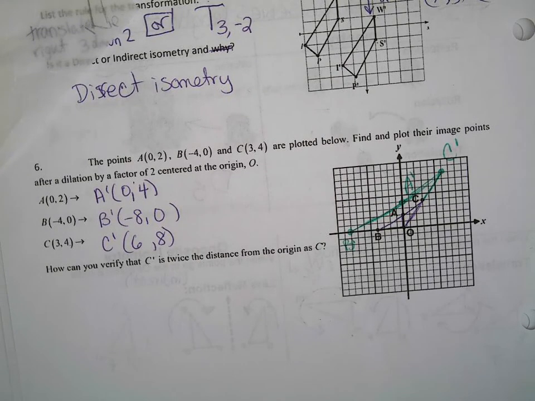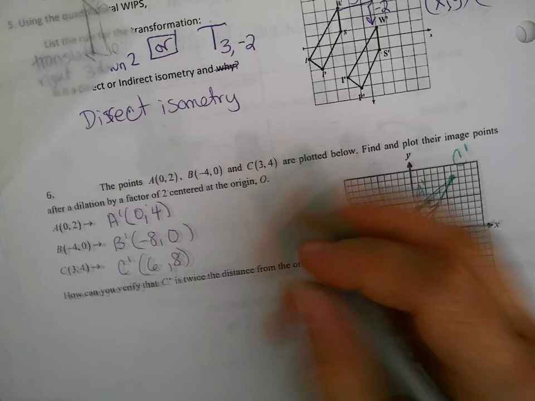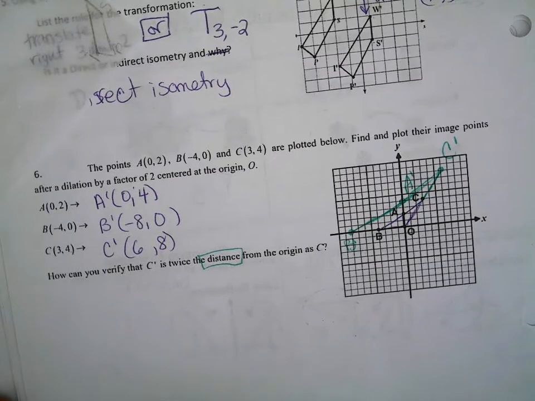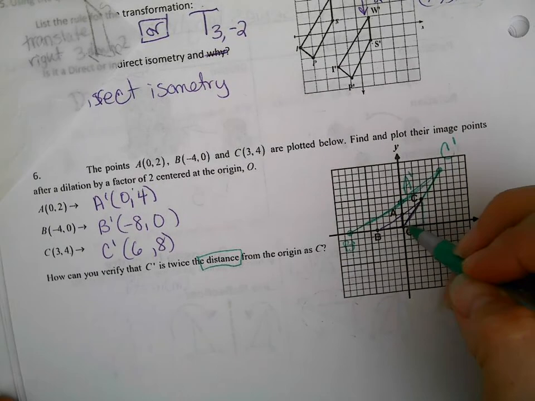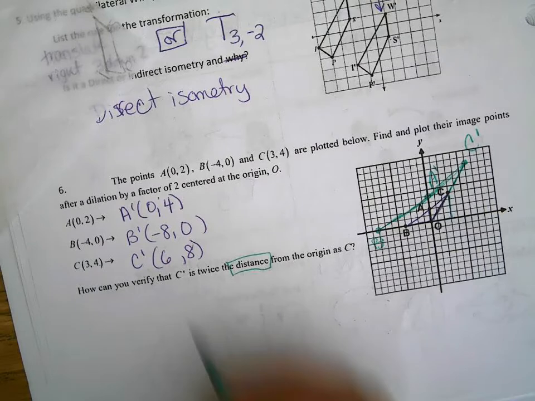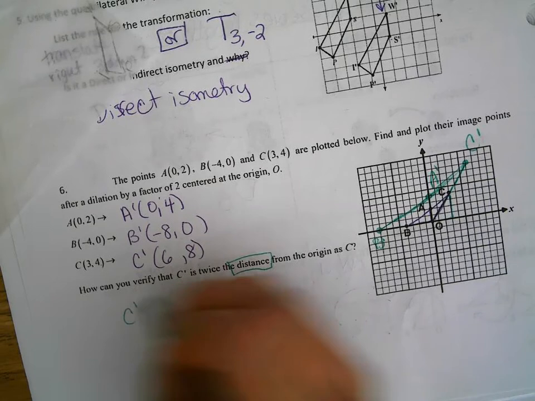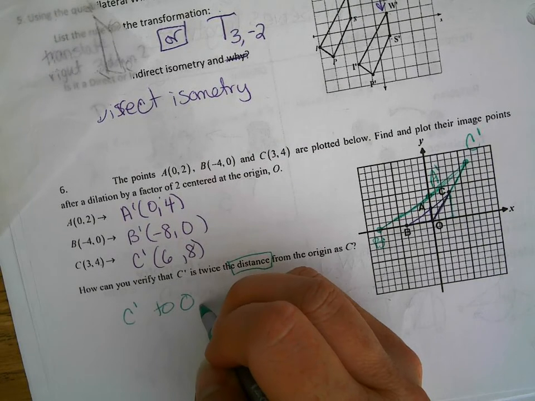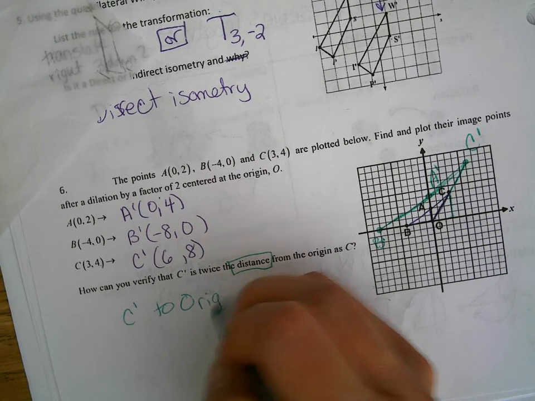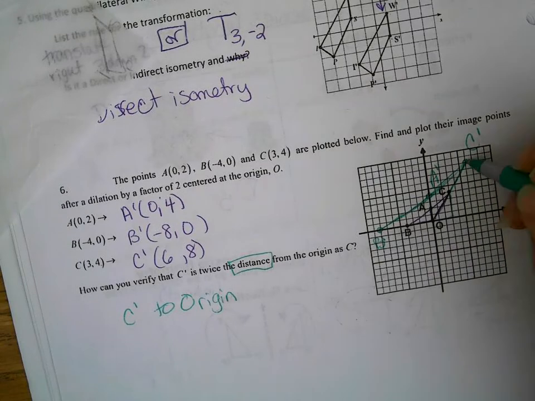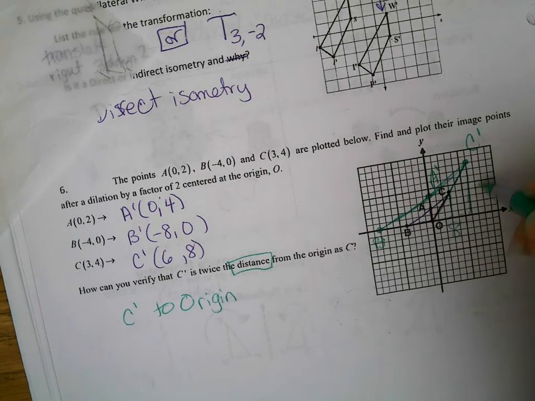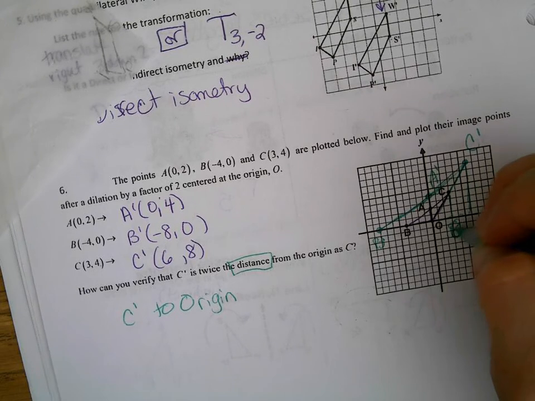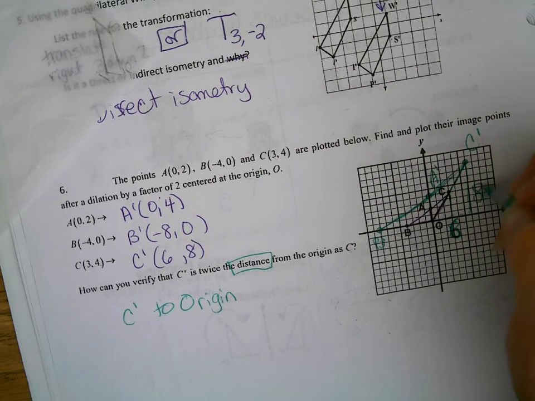How can you verify that C prime is twice the distance as its original point C? Well, we have a distance formula, don't we? We could calculate how far C is to the origin, using our Pythagorean theorem. So C prime to the origin, C prime's way up here, that is 6 boxes over, my mistake, and 8 boxes up.